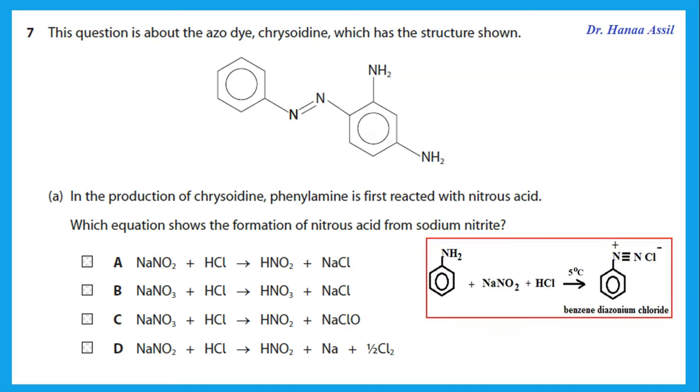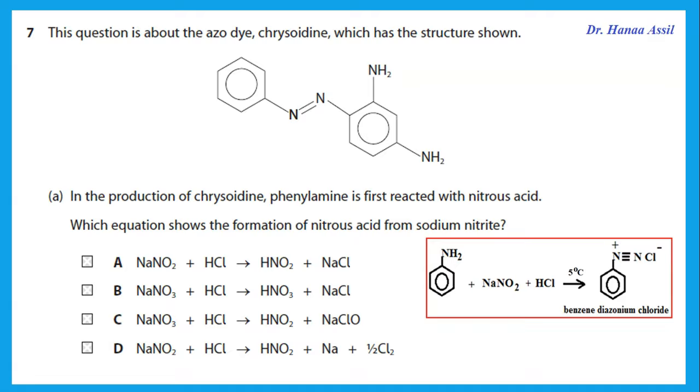Remember we said, if I want to add a diazonium salt onto the benzene ring, we should react the phenylamine with nitrous acid. But we said nitrous acid alone is very unstable, so we do not add nitrous acid to the reaction.